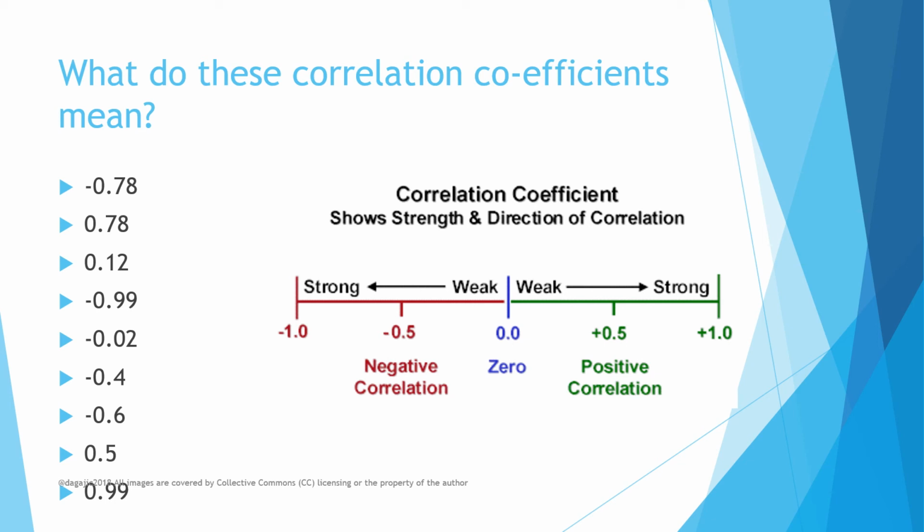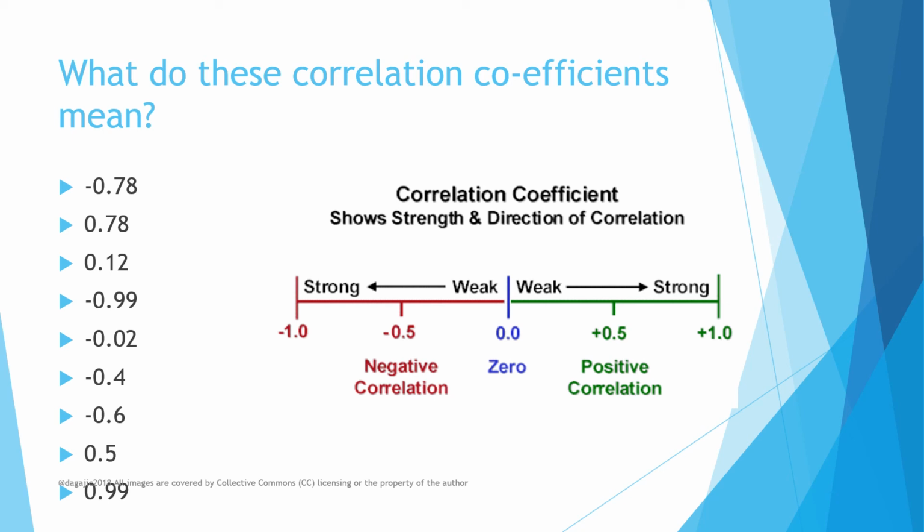0.12 is probably close enough to be 0 to say it's no correlation. Minus 0.99 is a very strong negative correlation. Minus 0.02, again, the minus sign doesn't really mean anything. We'd say that this was 0, no correlation. Minus 0.4, we'd say that that was a weak negative correlation.